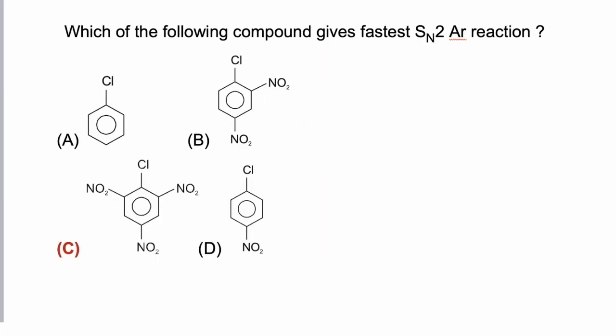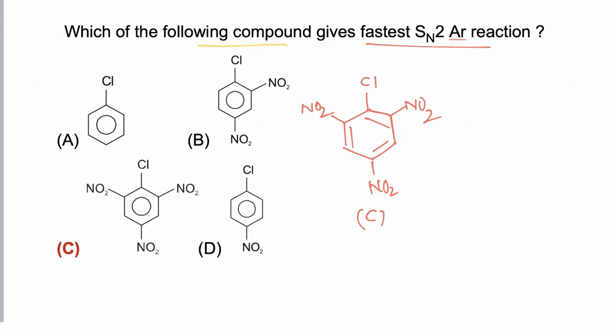In this question we have to find which of the following compounds gives the fastest SNAr reaction. The rate of SNAr reaction depends on the presence of electron withdrawing groups. The higher the number of electron withdrawing groups, the faster the rate of reaction. So when 3 NO2 groups are present, the rate of reaction is fastest. So C gives the fastest reaction.